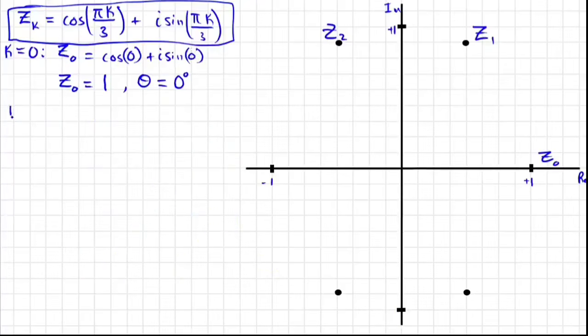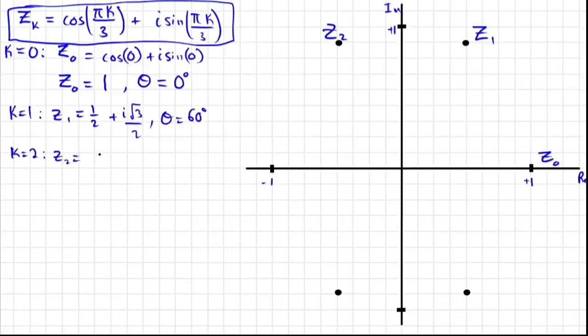So when k is 1, the complex number z1 is half plus I root 3 over 2, where theta is 60 degrees. When k is 2, z2 is the complex number negative half plus I root 3 over 2, for theta being at 120.